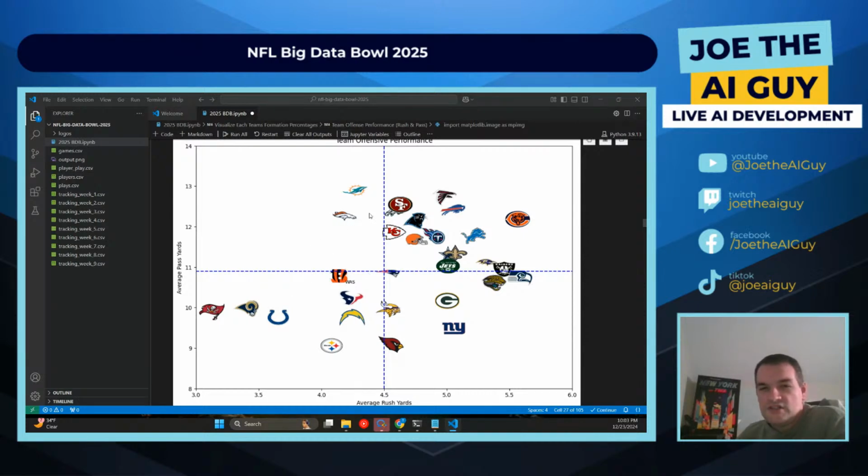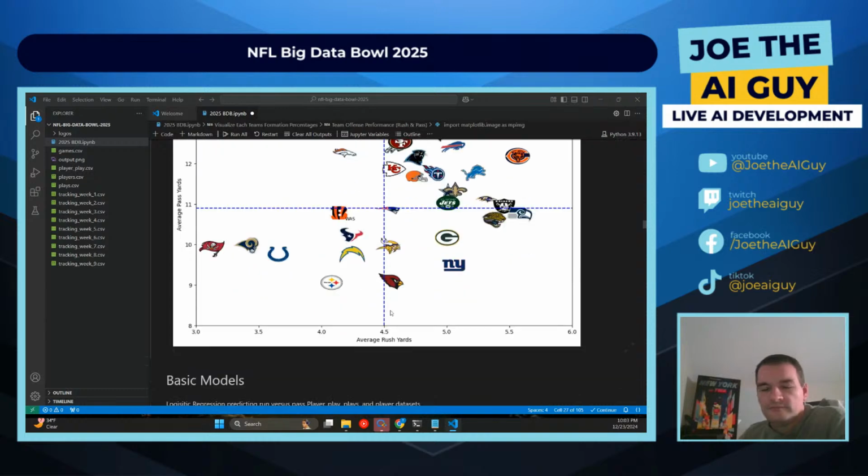A lot of times you don't have extreme outliers, a very poor rush but a very high pass, and very similarly over in this corner, a team that is very poor on pass but very good on rush. You just don't see those. So these two are highly linked together. If you were to put a diagonal dotted line going through here, you would see that a lot of teams are more in line with that axis than they are going horizontal or vertical.